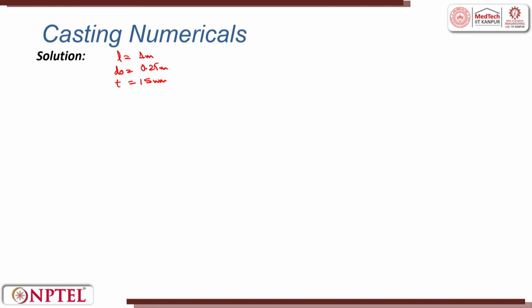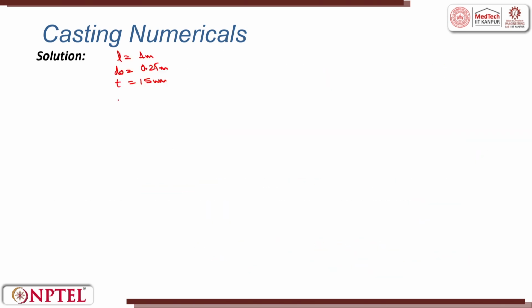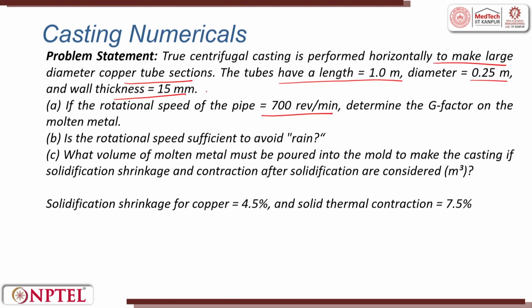Now it says if the rotational speed of the pipe is 700 revolutions per minute, that means I have been given the rotational speed n. N is equal to 700 revolutions per minute. Then it says determine the g factor on the molten metal.